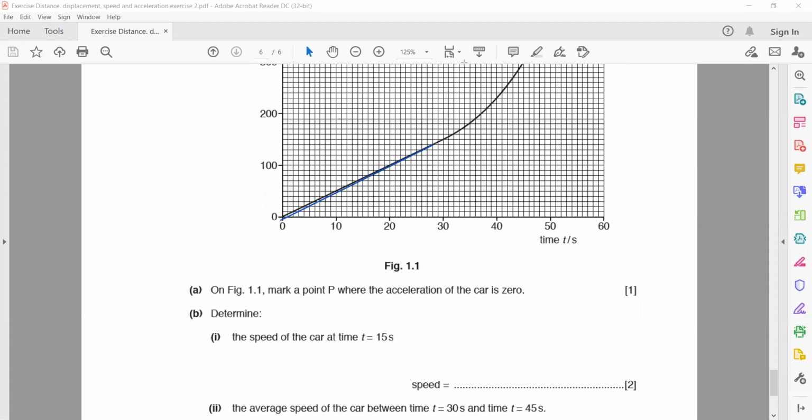And the next part, we need the average speed from 30 to 45 seconds. So this is the 30-second mark, and this one is 45.